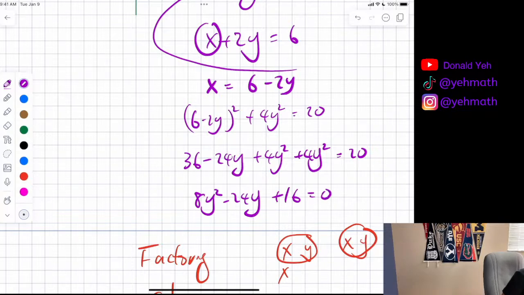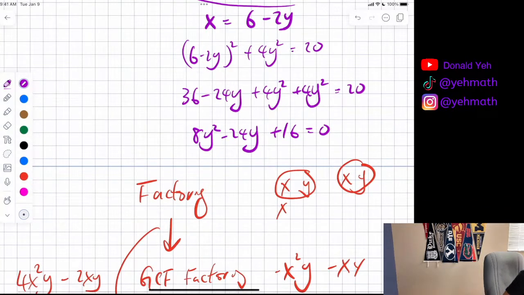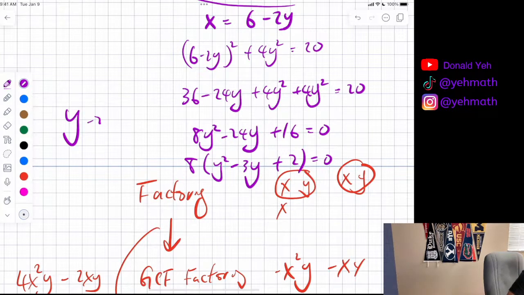Is that okay? And then I'm gonna factor out 8, so that's gonna be y squared minus 3y plus 2 is equal to 0. So it'll be (y minus 2)(y minus 1).